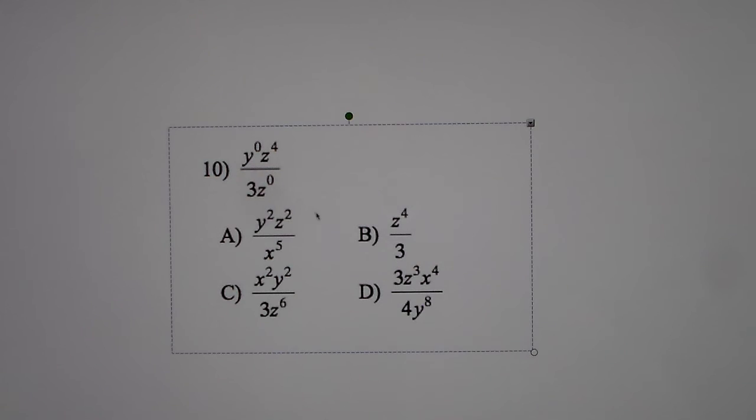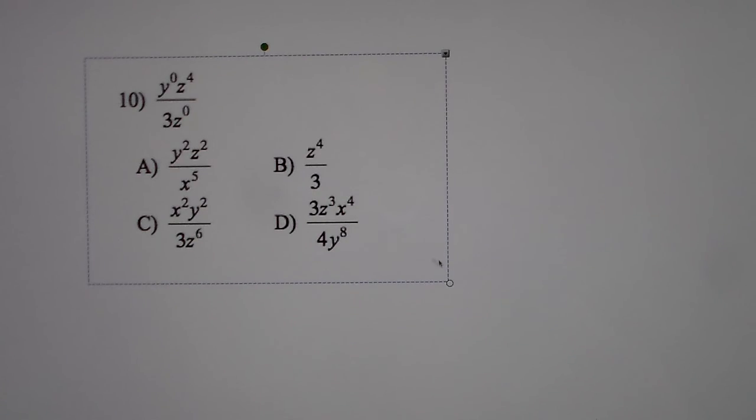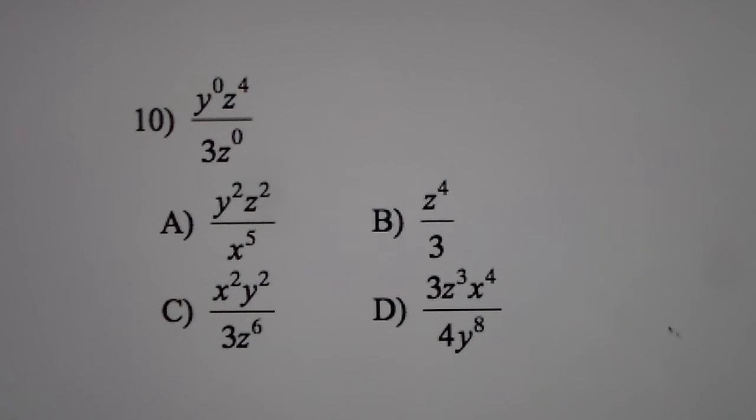Alright, looking at number 10. We have y to the 0. Well, anything to the power of 0 is just 1, so let's just replace it with a 1 for now. So that y to the power of 0 just turns into 1. So 1 times. Now we have z to the 4th. So let's write z to the 4th. The 3 is on the bottom, so we write the 3 there.